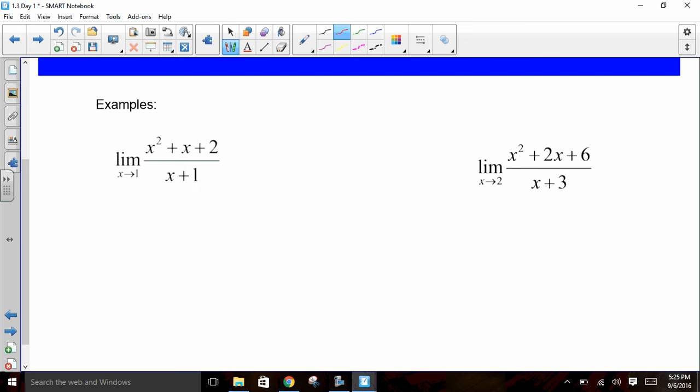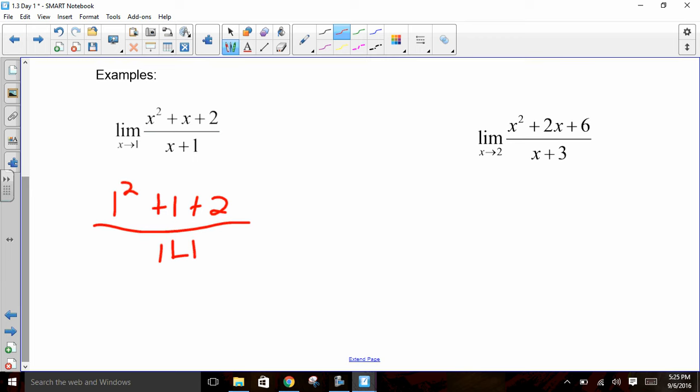So if we look at these first 2 examples, I'm trying to find the limit as x approaches 1. Well, if I plug in 1 here at the bottom, that's not going to give me 0. So because it is not going to give me 0, I can just plug 1 in for x. So then I have 1 squared plus 1 plus 2 over 1 plus 1. 1 squared is 1 plus 1 plus 2 over 2.